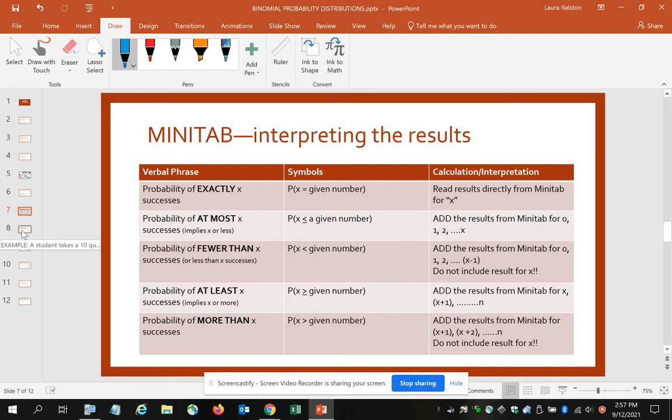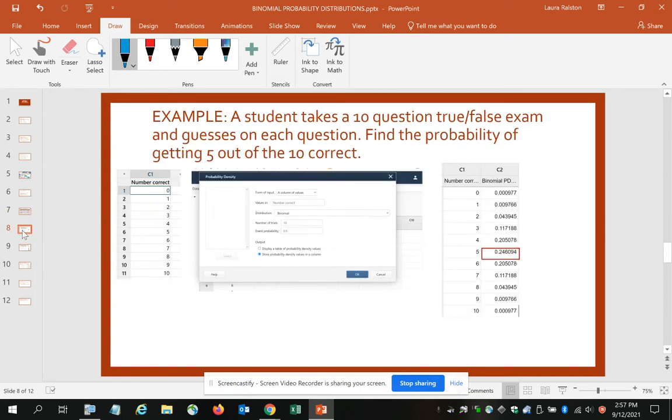So I want to try to walk you through some examples in Minitab. Our example is: a student takes a 10-question true-false exam and guesses on each question, find the probability of getting, and you can kind of read between the lines here, it doesn't say it but it's implied, exactly 5 out of the 10.